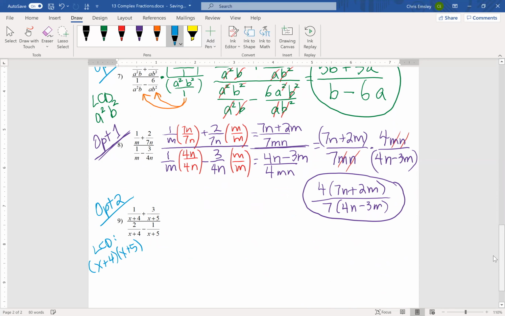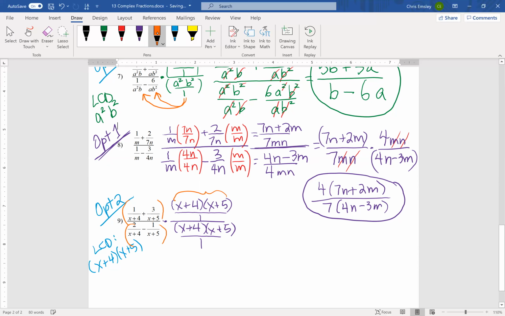Okay, and then we are going to multiply the top and the bottom by that LCD. If we multiply the top and the bottom by the least common denominator, it's really like multiplying by that thing over 1. Okay, so we need to distribute back into our original.